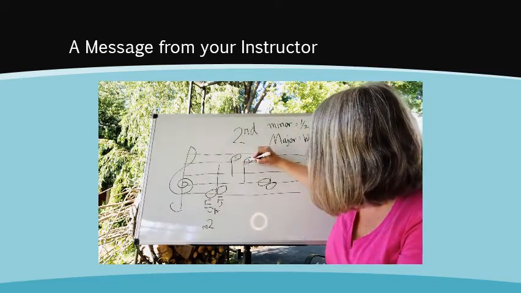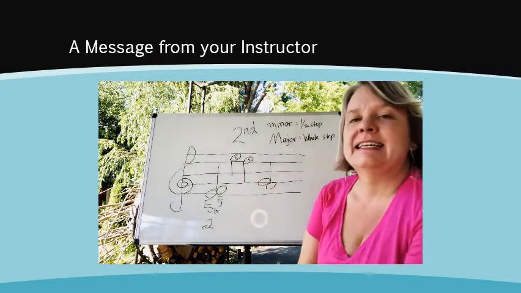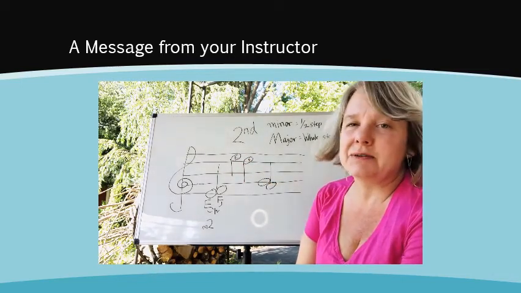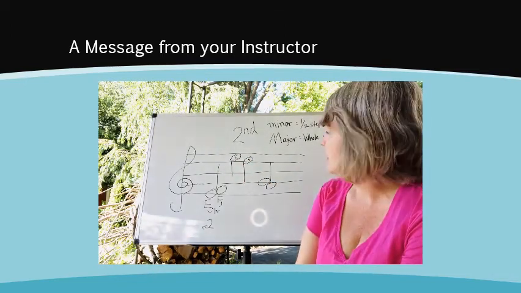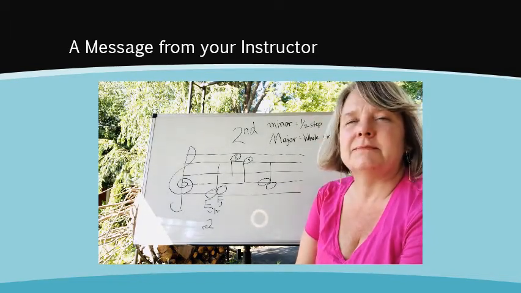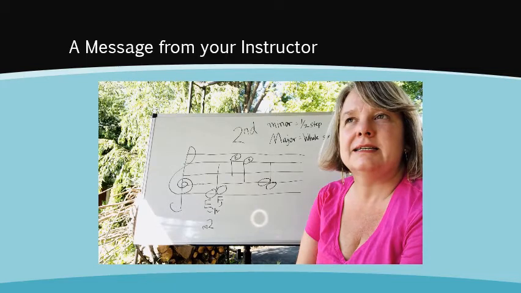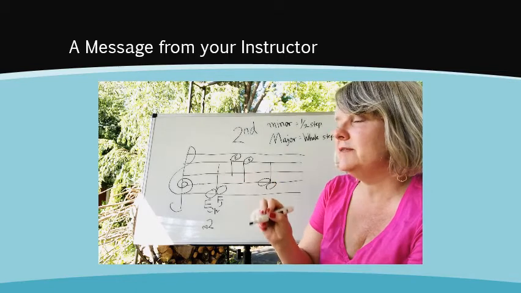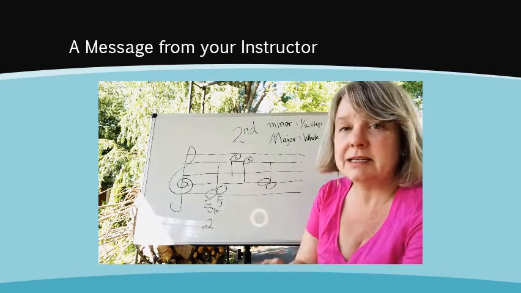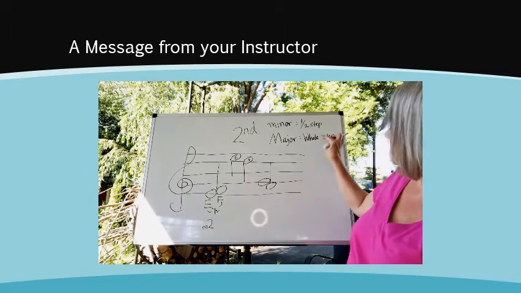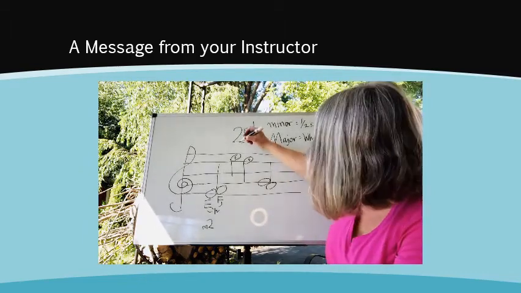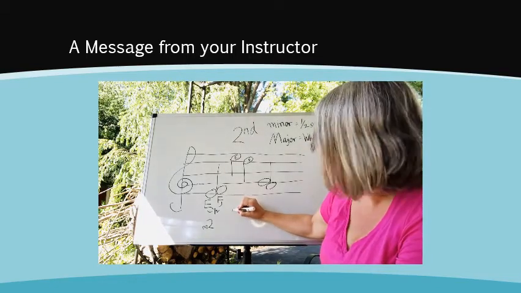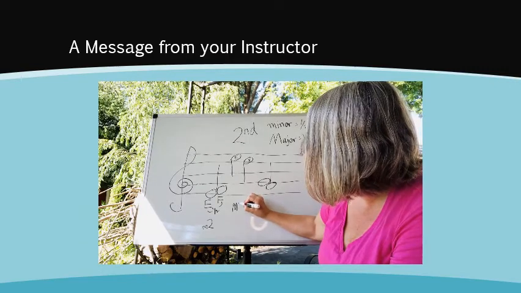It's a D. Now we know it's a second because one's on a space and one's on a line and they're right next to each other. So is that a major second or a minor second? E to D. There is a half step in between. If you counted down by half steps, you would have 2 half steps, which make a whole step. So it's a major second. And however you write your capital M's, major second.